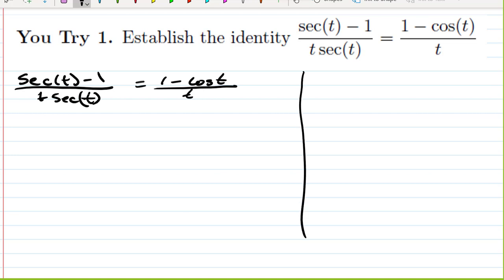We're going to use the definition that secant t is 1 over cosine t.